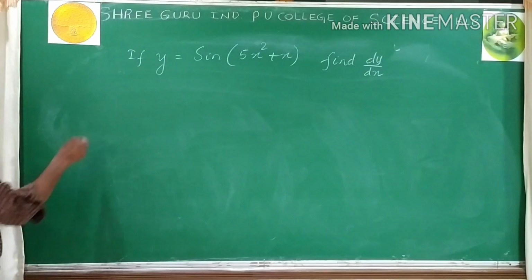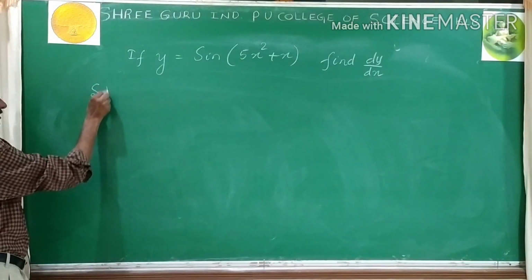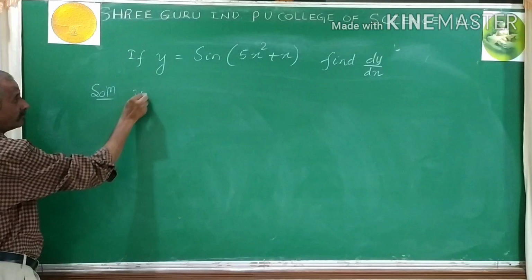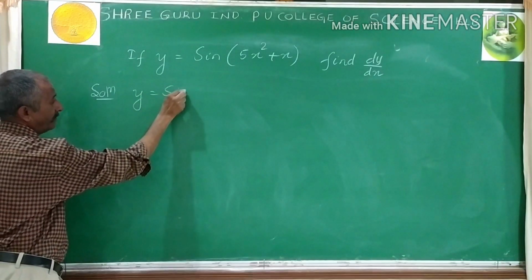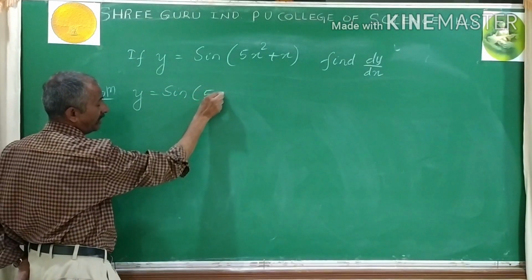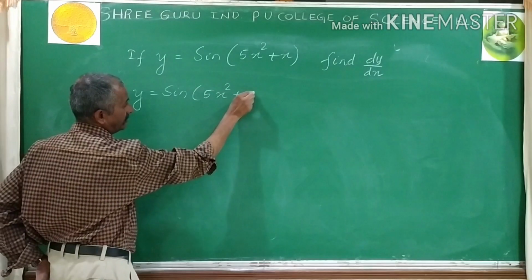So consider the given problem. Solution. The given problem is y equals sine of 5x square plus x. Say 1.